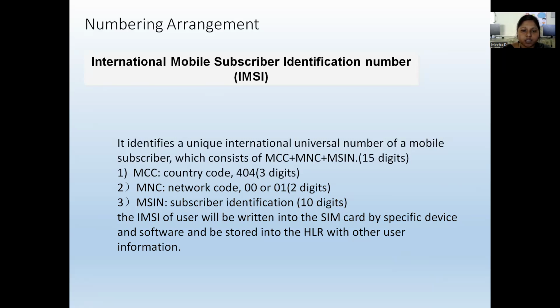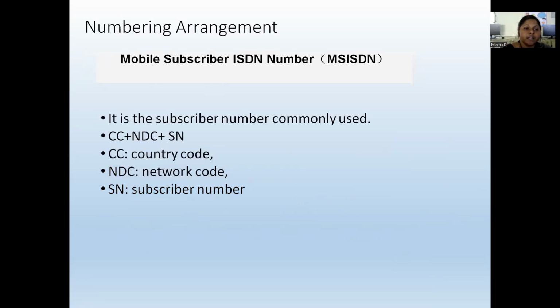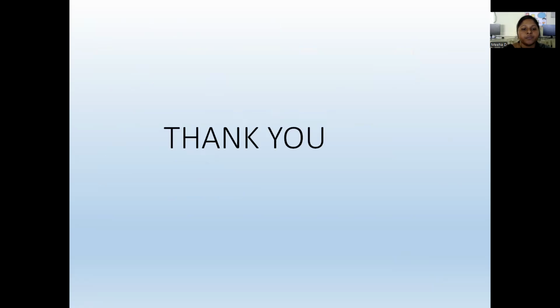So 15 digits in total. The next one is the Mobile Subscriber ISDN number, MSISDN. It is the subscriber number, commonly composed of CC plus NDC plus SN. CC is our country code, NDC is the network code, and SN is the subscriber number.